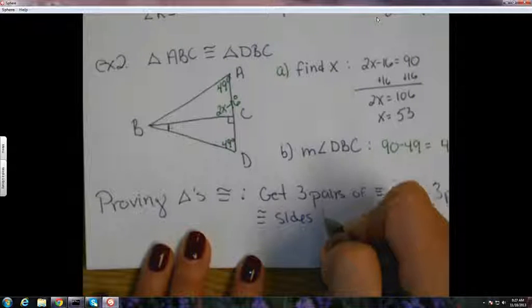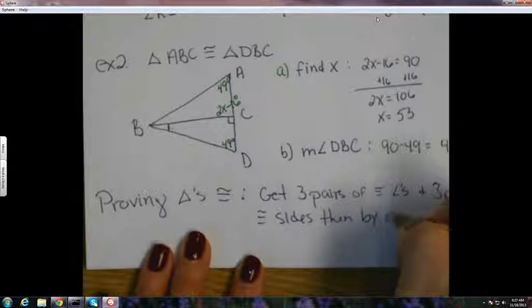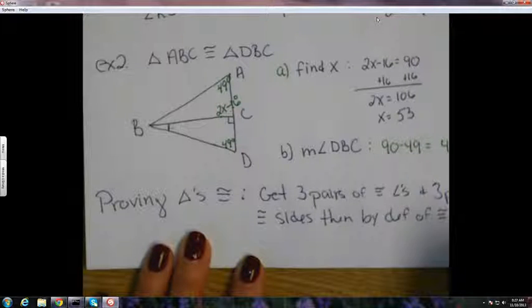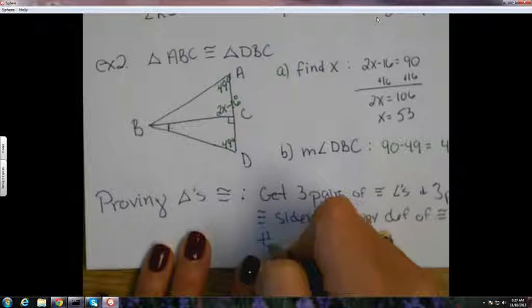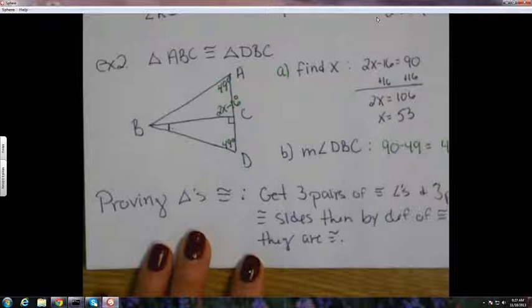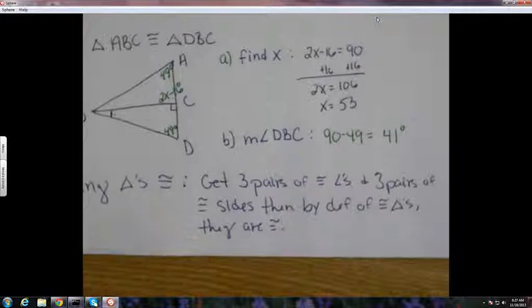Then, by definition of congruent triangles, they are congruent. And we're just going to prove our way out of the assignment today, or out of the notes.